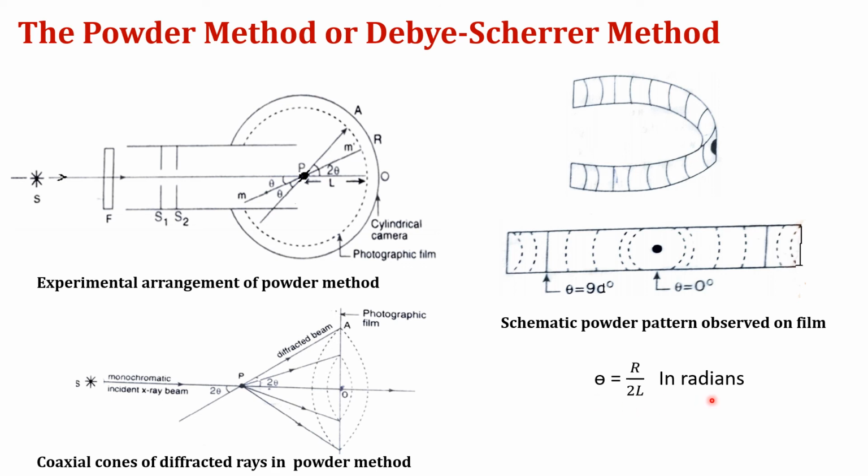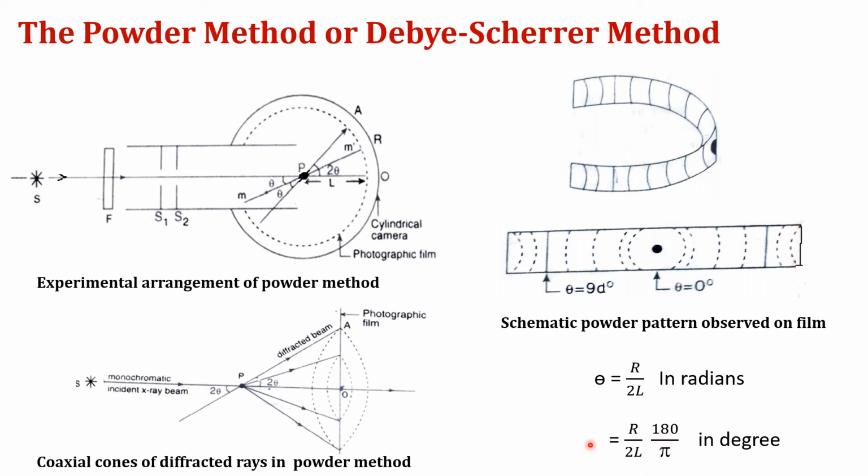That theta is in terms of radians. To measure it in degrees, we multiply by 180 degrees divided by pi. Therefore, the glancing angle theta in degrees is r divided by 2L times 180 divided by pi.